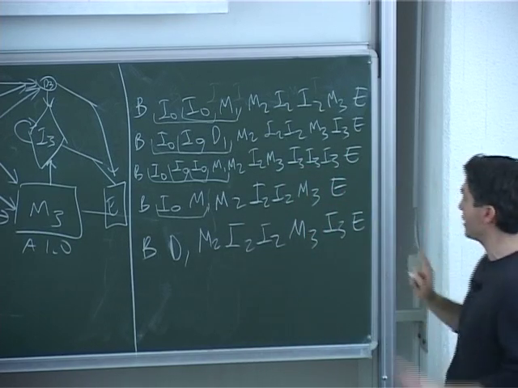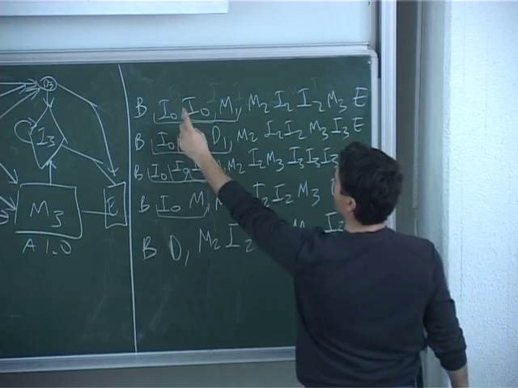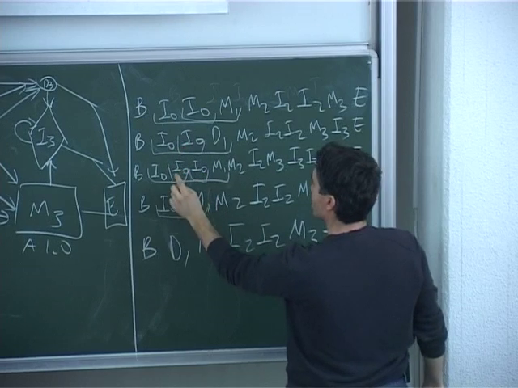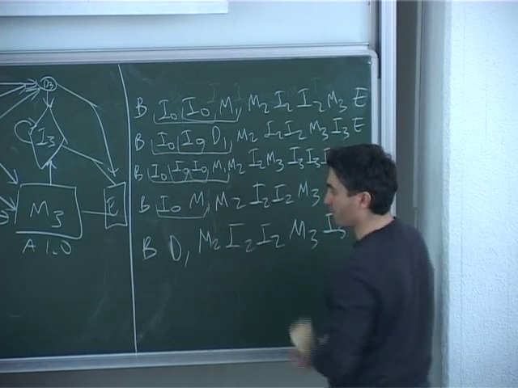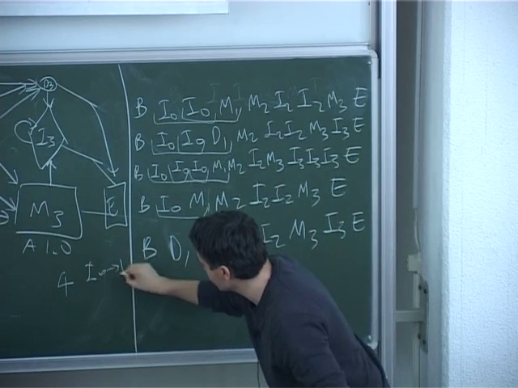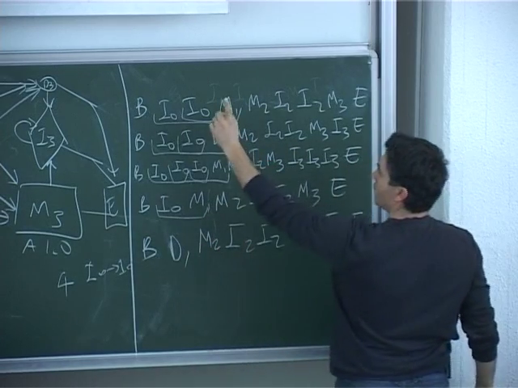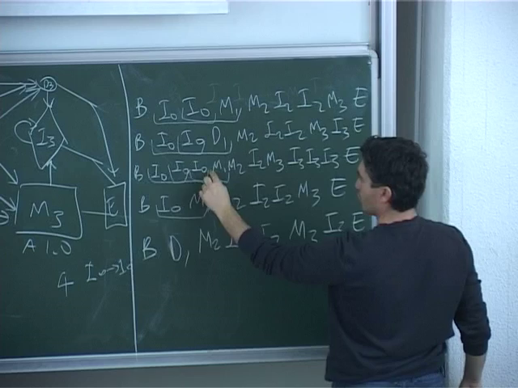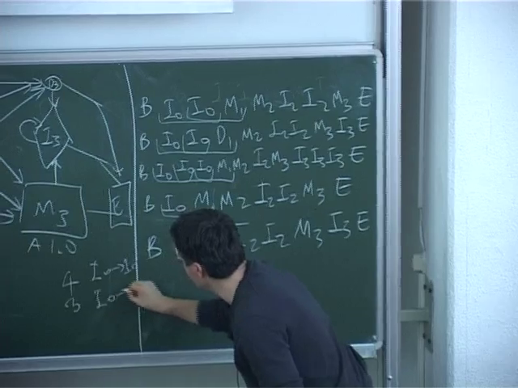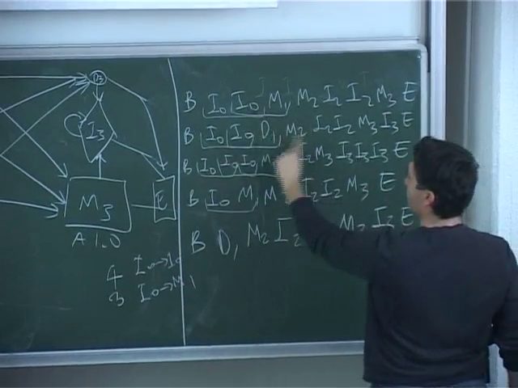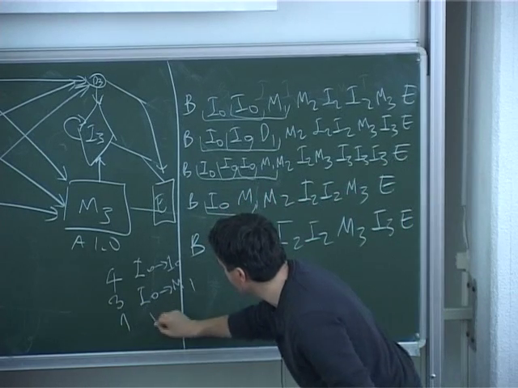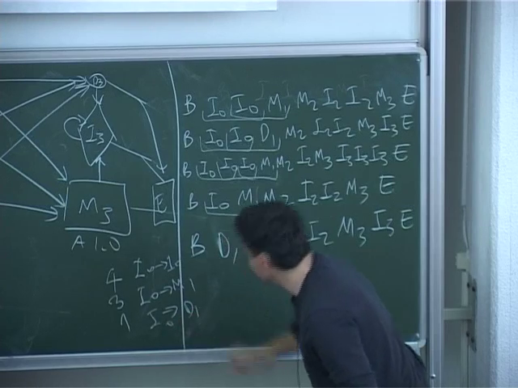So let's now count the I0 to I0 transitions. 1, 2, 3, 4. 4 of them. Let's count I0 to M1 transitions. 1, 2, 3. 3 of them. And I have just one left: I0 to delete 1.